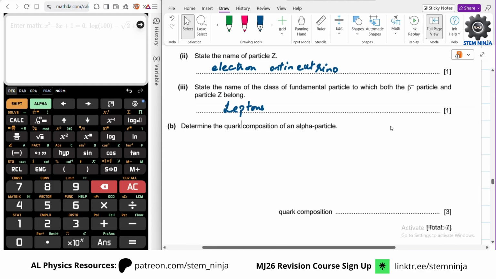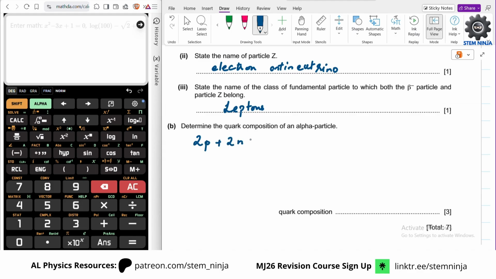Determine the quark composition of alpha particle. Okay, so alpha particle we know has 2 protons and 2 neutrons. Proton has 2 up and 1 down, and neutron has 1 up and 2 down. So let's make it like a math expression: 2 protons is 2 times 2u plus d, and 2 neutrons is 2 times u plus 2d.